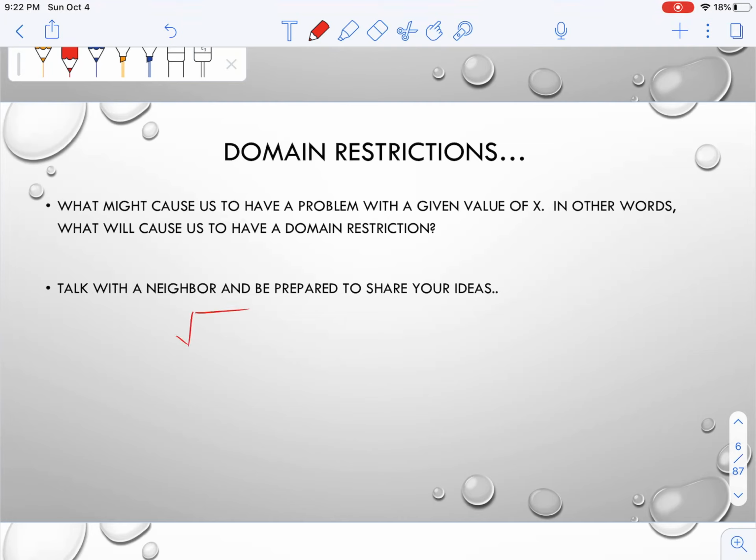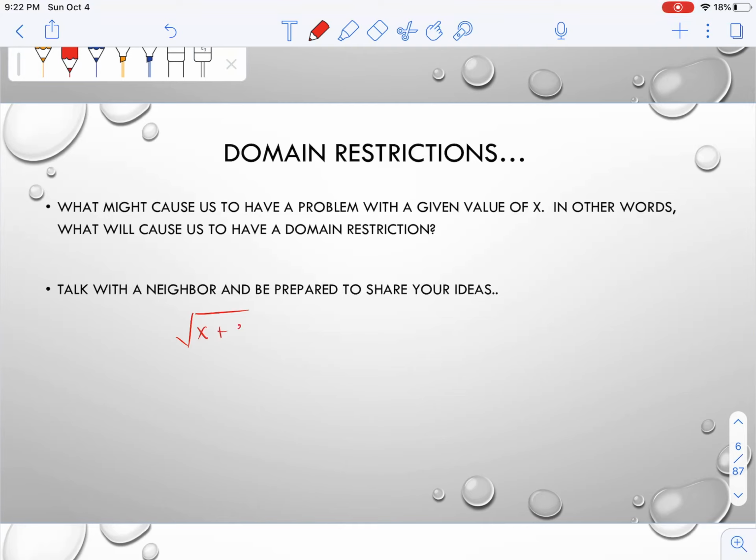So if I have a square root and I have some quantity inside that square root, whatever that quantity is, and really it could be x plus some number, or it could just be an x by itself, it could be something times x. Whatever this quantity is, this quantity must be greater than or equal to 0. Or you could think about it as x plus a.